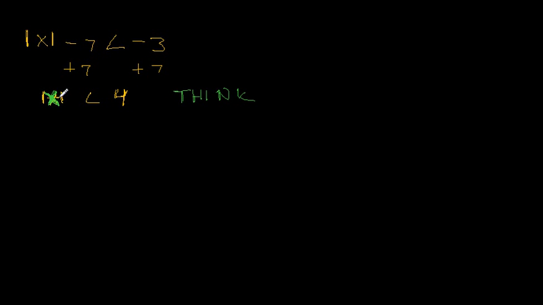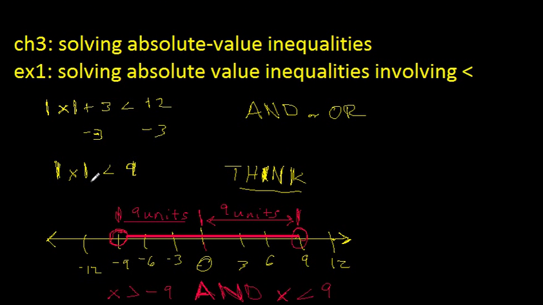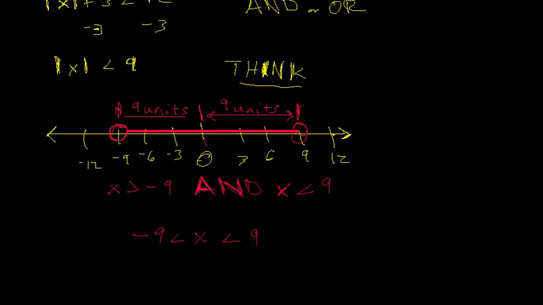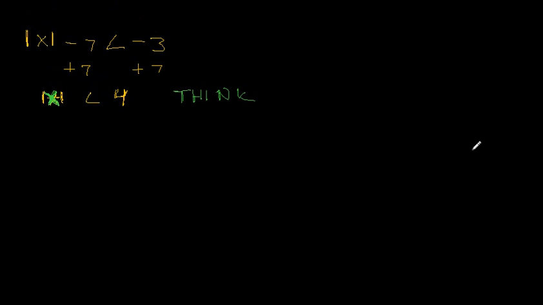Again, the distance from x to 0 is less than 4 units. Let's take a look at the inequality above real quick. We had the absolute value of x is less than 9, and we thought x is less than 9 units from 0. So now, down below, we're going to think the distance from x to 0 is less than 4 units.